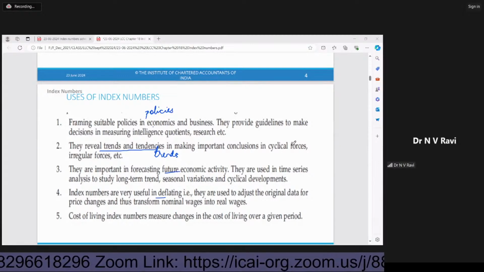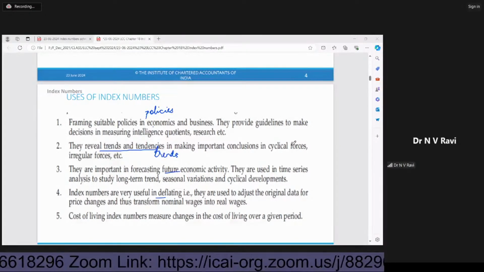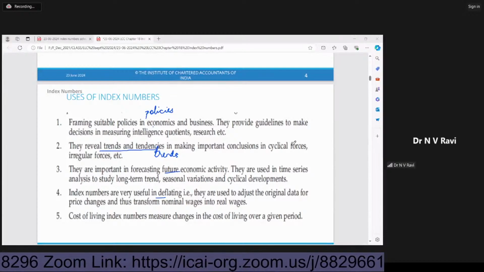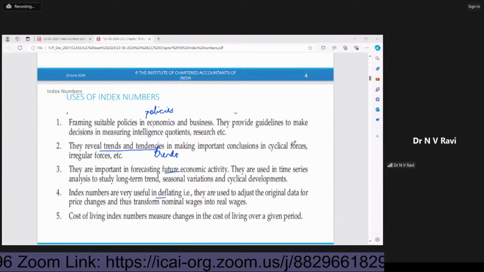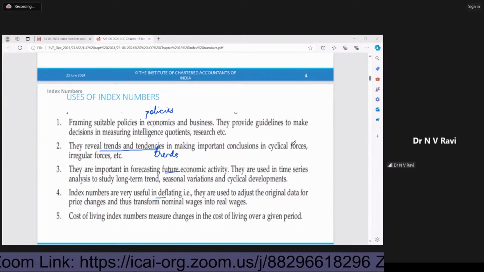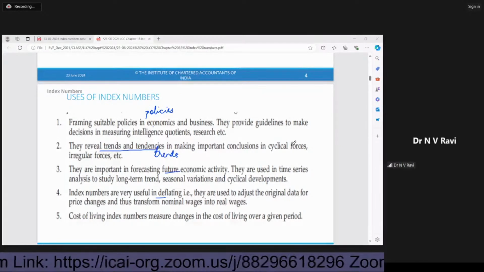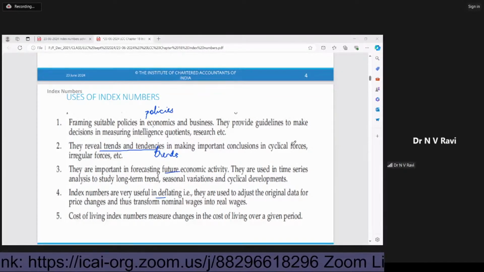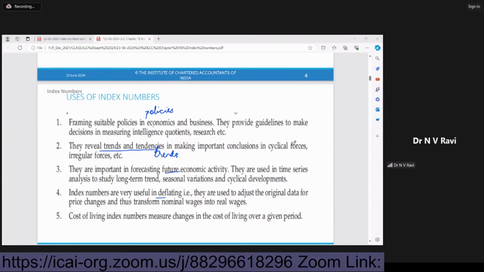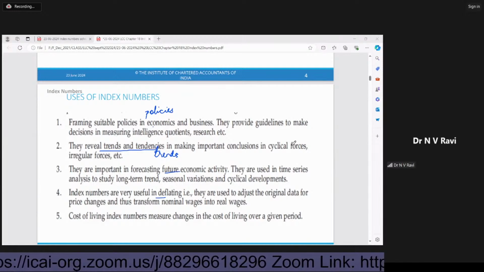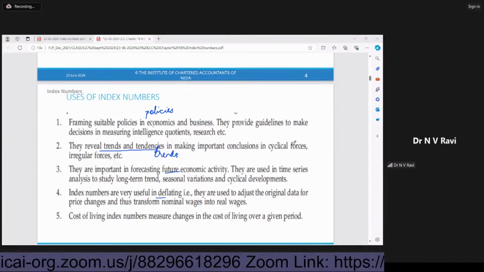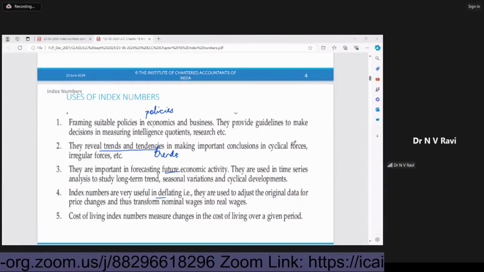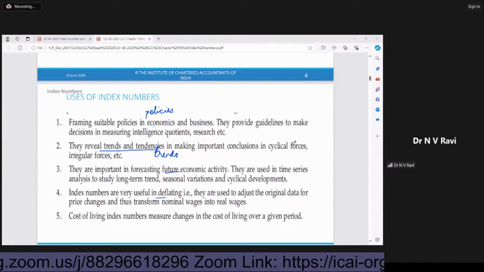Based on that, we can understand how much the price level has increased over a period of time. That is the main objective. Using these, we can find changes in the price scenario in the country. It will help us in understanding inflation also.